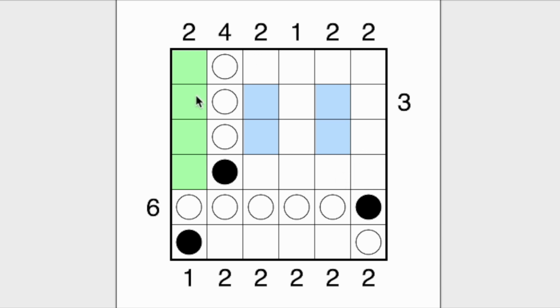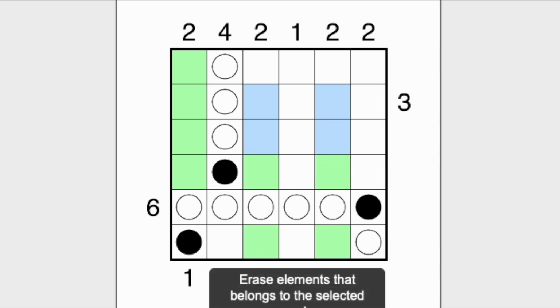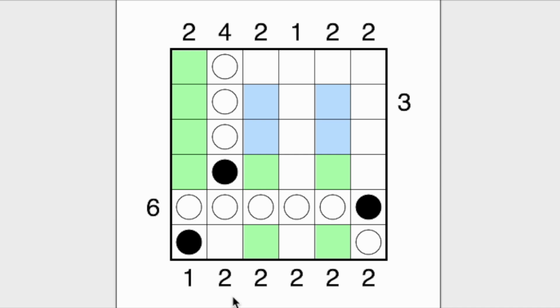Well, first of all, I think it tells us these 2 clues at the bottom. We know where the black cells are approximately, and we've already got a white cell, so it tells us that these are not going to have any stones in them. So that's something.